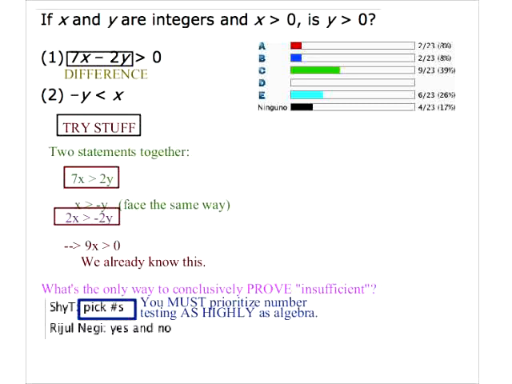If we try algebra on this problem, what's going to happen is we're just going to keep groping around in the dark, and things are just going to magically not work, and we're just going to be sort of frustrated. But let's see if we can prove insufficient. Well, 7x is greater than 2y. So let's just let x be some random positive number, like 5.